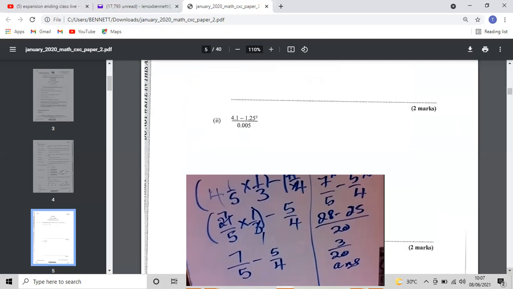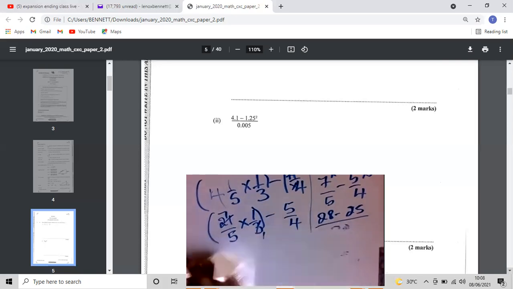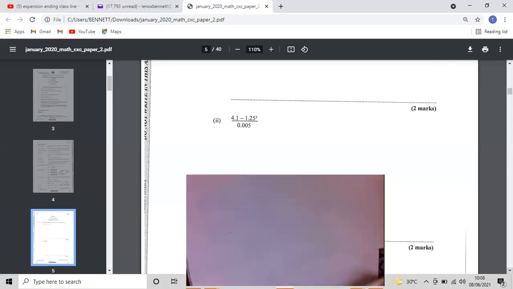Now this one says 4.1 minus 1.25 squared, divided by 0.005. So that's the first 2 marks.